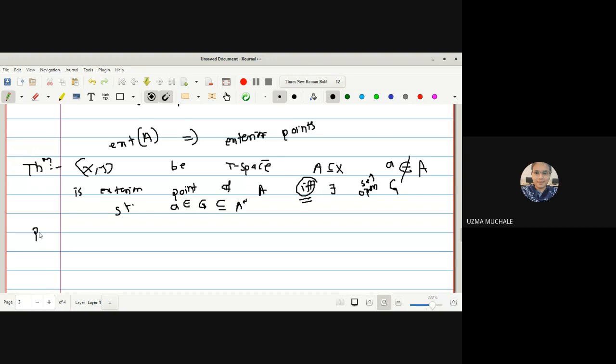Okay. Now if I want to prove this statement, how to prove this? First we have to prove the only if part. Yes, tell me what will be there in the only if part.